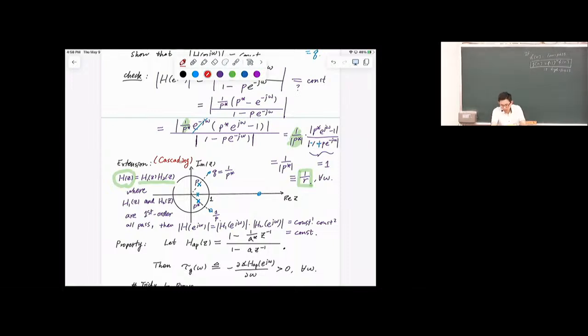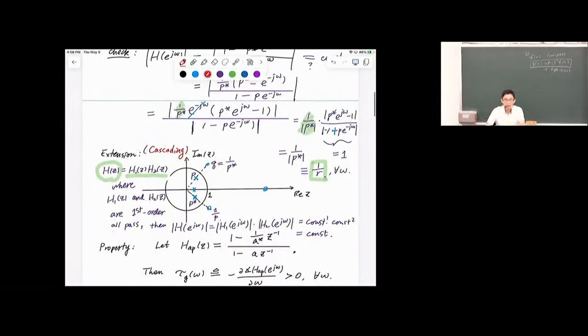This is simple. So we can avoid having a complex valued system by cascading an all-pass system with its conjugate system, having the pole and zero at conjugate locations. When we cascade that, the resulting product will be real valued.